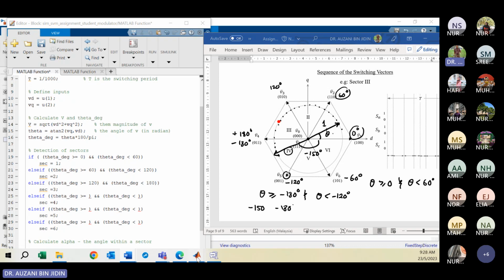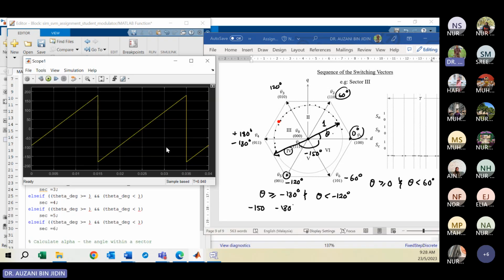Tengok waveform ni. Look at the waveform here. So maksud dia your angle now dekat sini, somewhere else here, right? Between minus 180 to minus 120. Betul dekat sini. So mean when the angle is in this range, the vector is located in sector 4.